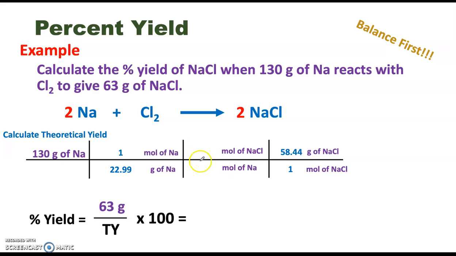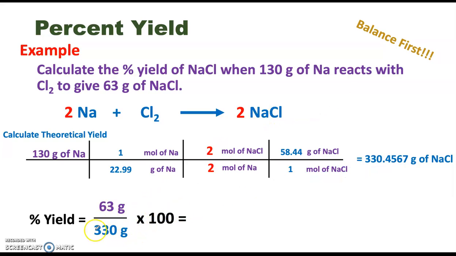For the mole ratios, when it's mole above mole, that's where we go up here. So we take the 2's and we put them in. So now at this point, 130 divided by this times 2 divided by 2 times 58.44, and that equals this number. Because we only got 2 sig figs here, we should round it to 2 sig figs, and that's our theoretical yield.